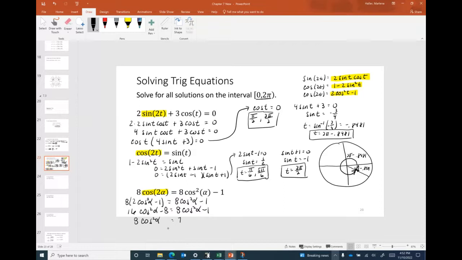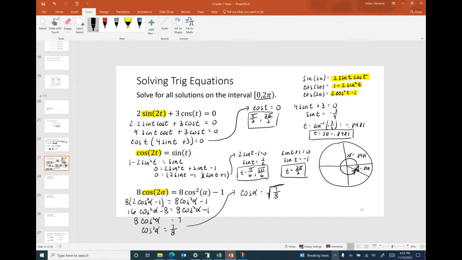Okay, now to solve for that trig function, let's divide both sides by 8. So the cosine squared of alpha then is 7/8. And then we'll need to take the square root of both sides. Kind of out of room, so let's come up here. So the cosine of alpha then is going to be the square root of 7/8.